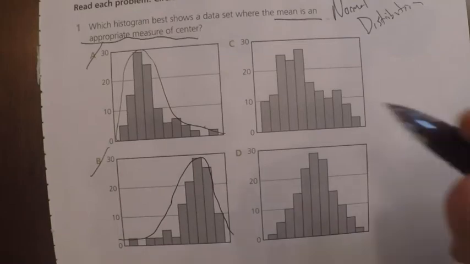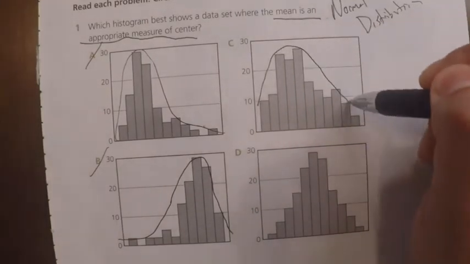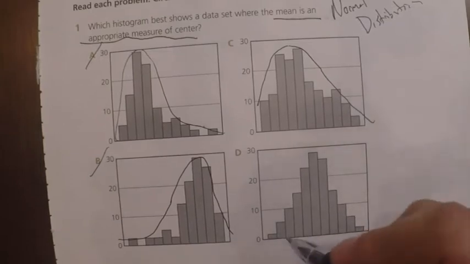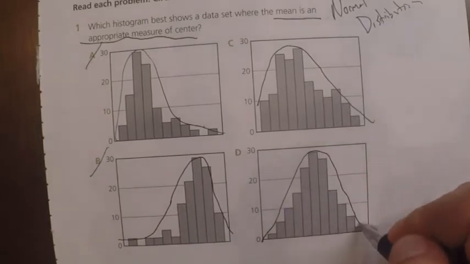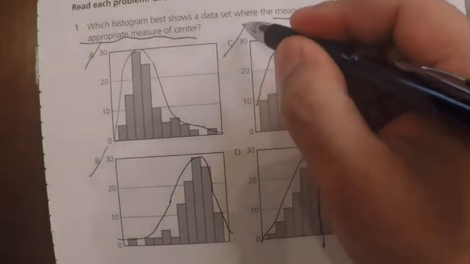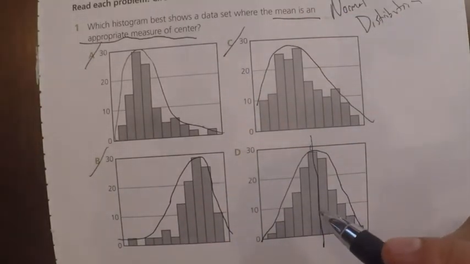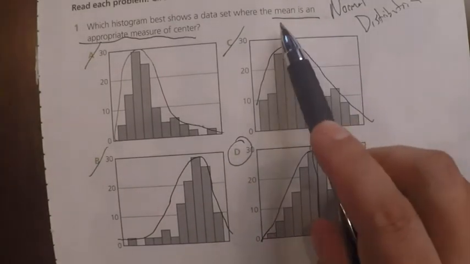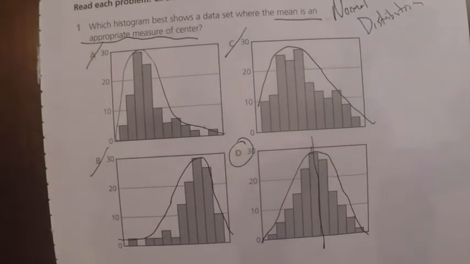C, if we take a look here, again, not very centered, right? There's not a normal distribution here compared to D. D looks pretty symmetrical. If we were to go down the middle here, the left side and the right side are pretty similar. So we would choose choice D here as being our normal distribution. And when it's a normal distribution, the mean is an appropriate measure of the center.